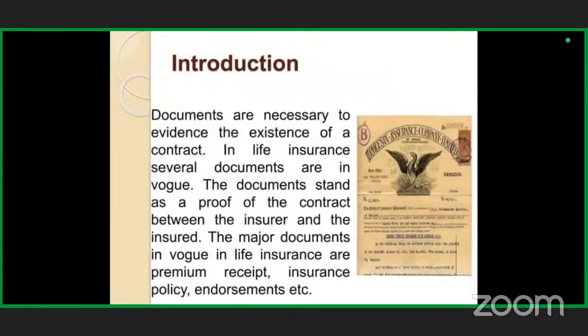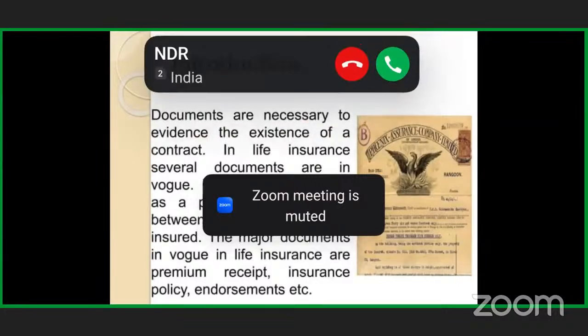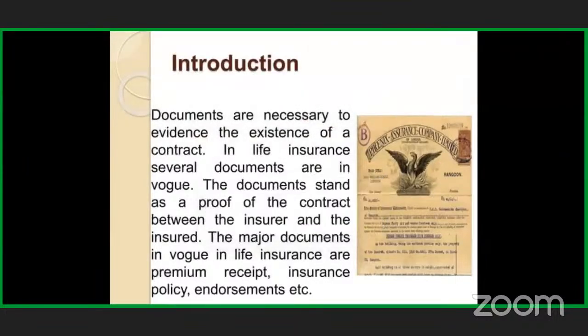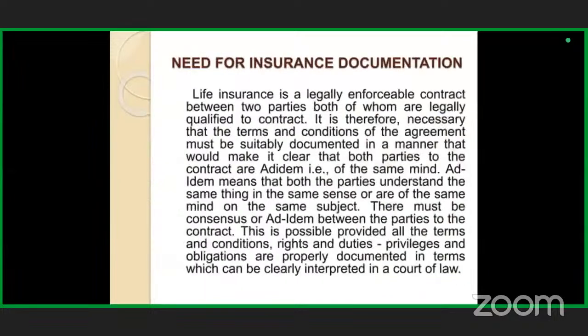The documents stand as a proof of the contract between the insurer and the insured. The documents in vogue in life insurance are premium receipt, insurance policy, and endorsements, etc. So the major documents for insurance are the premium receipt, insurance policy, and endorsement.